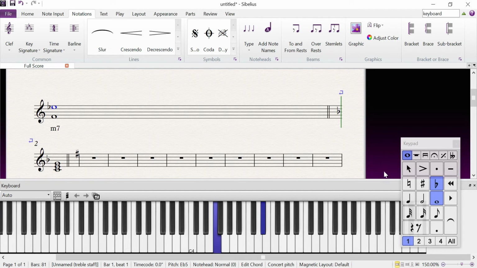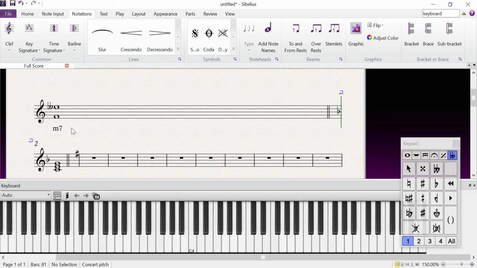So for us it would be E double flat. And we're sort of looking at enharmonic notes with this. So yes, E double flat is actually the same as a D, but because of the space between the notes, we call it a diminished 7th.